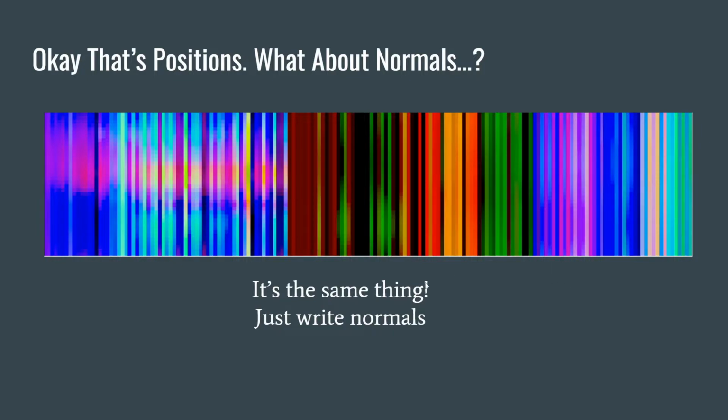We can just create a normal texture where the U-axis is my vertex index, the V-axis is the current frames, and the colors just represent the normal directions for my vertex for that frame. So as we move from top to bottom on this texture, these colors just represent how the normal direction changes for that vertex for the animation. And that's it. That's the only two things that really change in an animation.